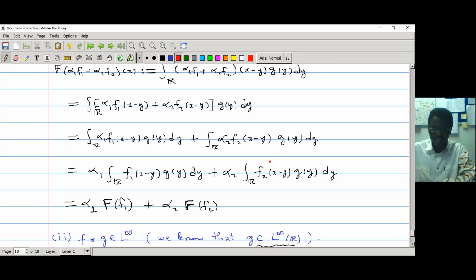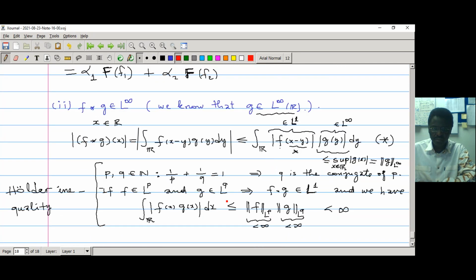So what I could have done here, I could have used the definition where this is g and this is f. Right. So let me modify that, to simplify the computations. So here I can use g.